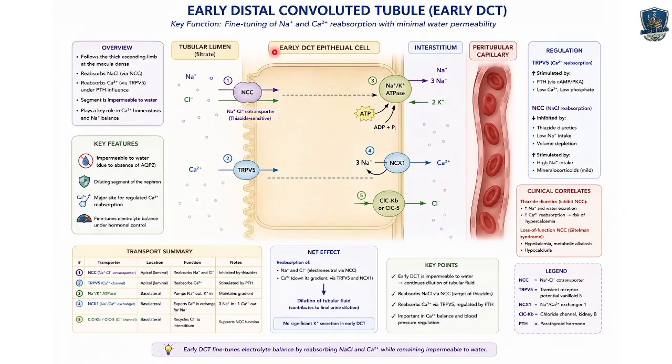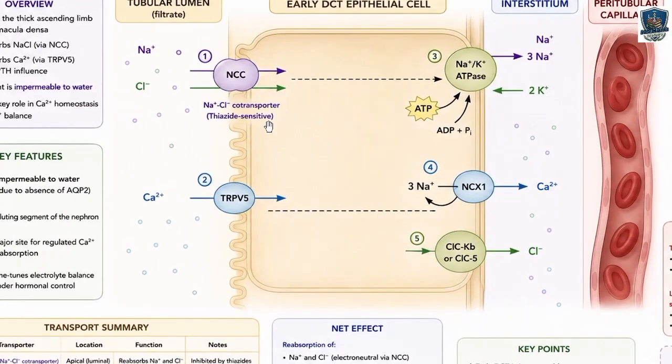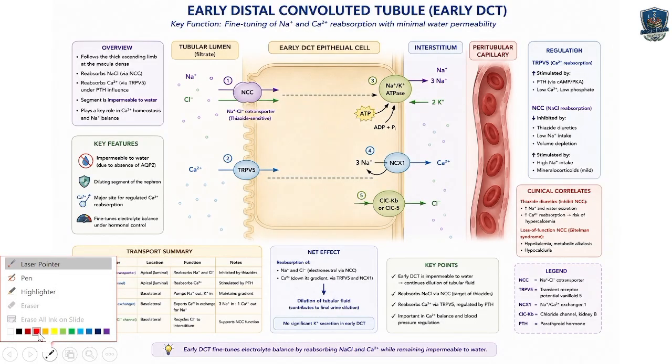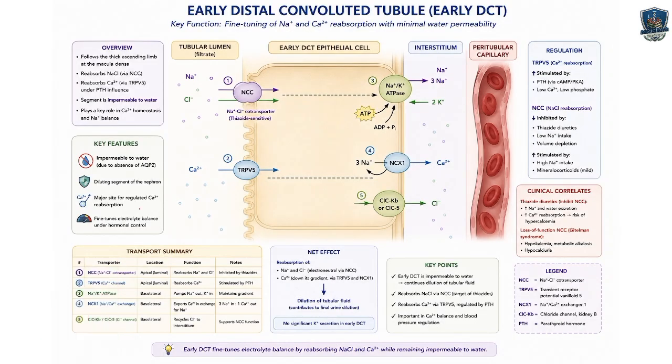Now, back to our class. Let's take a red marker pen. This diagram here is our early distal convoluted tubule, or early DCT, and it has three sections.